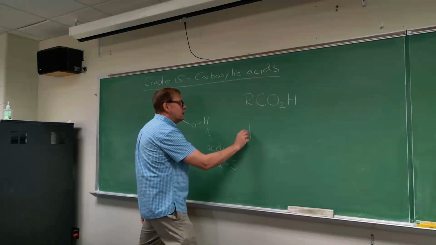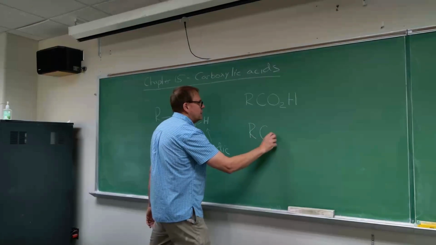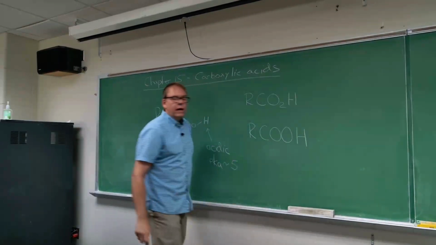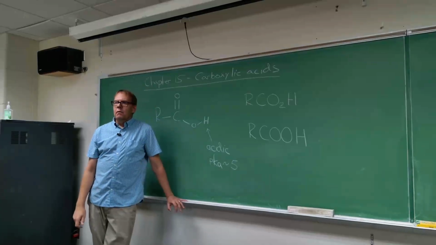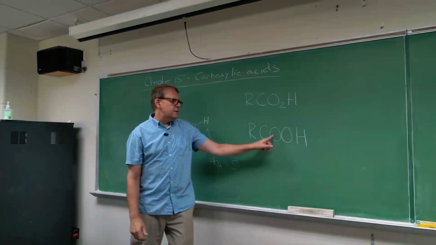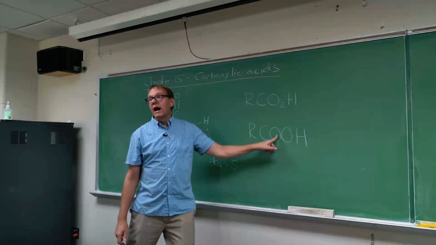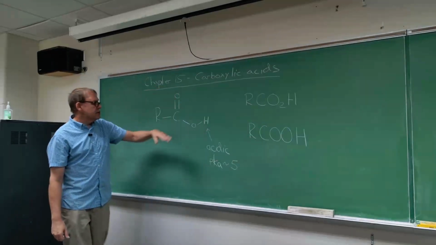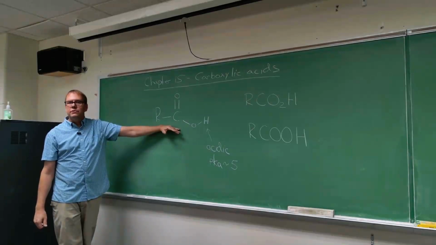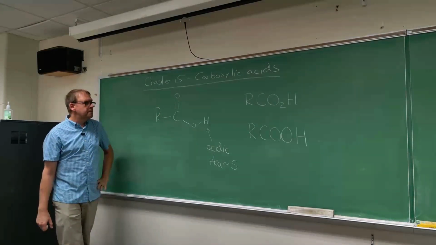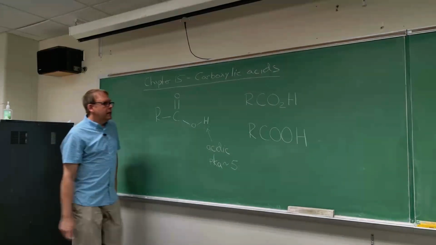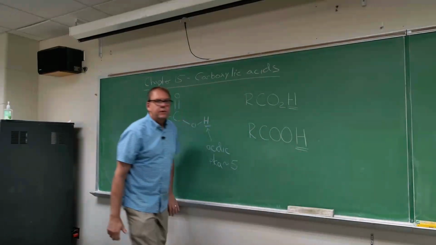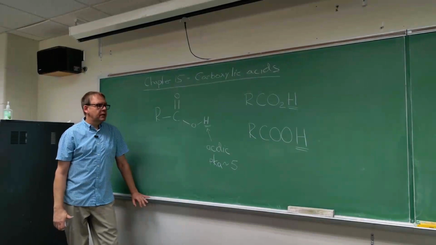You might also see it written as RCOOH, which I don't really like, because it seems to suggest that the two O's are bonded, but they're not. This is an important thing to keep straight: both of these representations are talking about this structure, so they should both tell you carboxylic acid. And in all these cases, it's the H there that gives them their unique chemistry and makes them acidic.